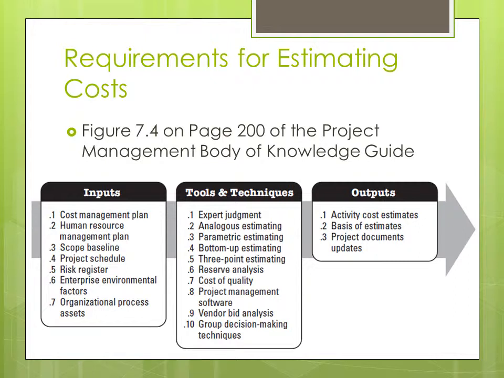These are all just some of the inputs required to effectively estimate costs for a project. And then there are some tools and techniques that will be required. So there's expert judgment.